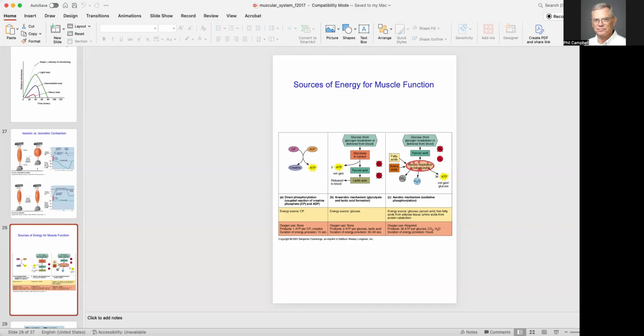The first source is creatine phosphate that exists within your muscle cells. That's a direct conversion of creatine phosphate to creatine with one ATP produced. There's only so much room inside that muscle cell for different kinds of molecules, so there's a limited supply of creatine phosphate, and it's rapidly degraded.